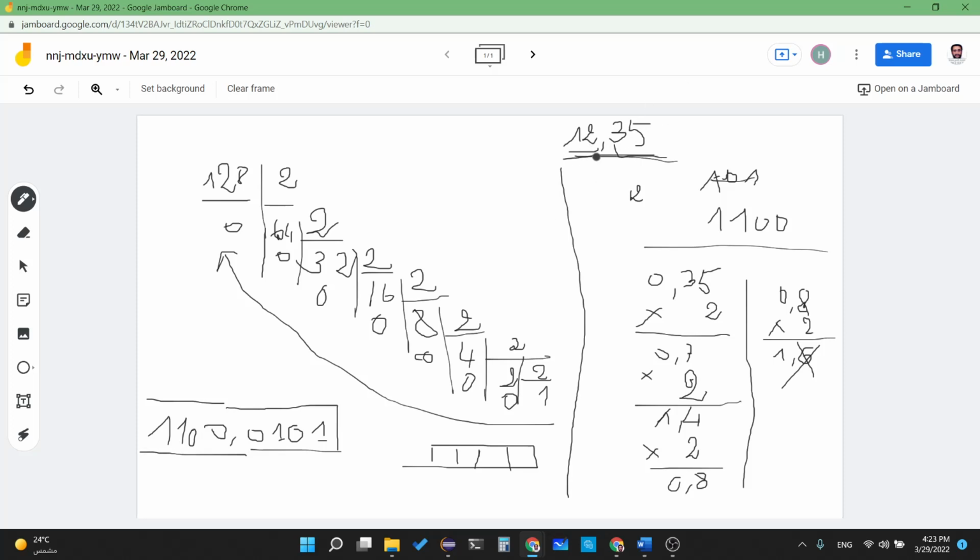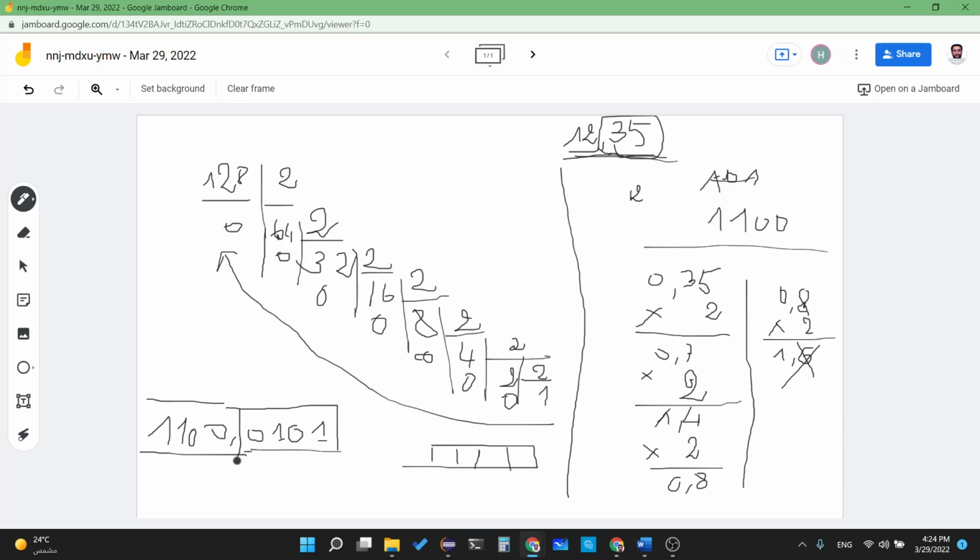Okay, this is not exactly the conversion of 12.35. Why? Because this 0.35 cannot be converted to binary exactly. We can only make an approximation of it. Okay. Is it clear? Is it clear, the idea of approximation? Yes, clear.